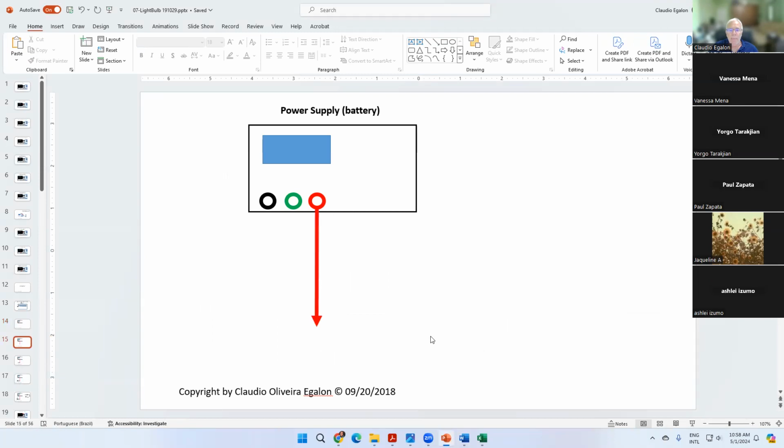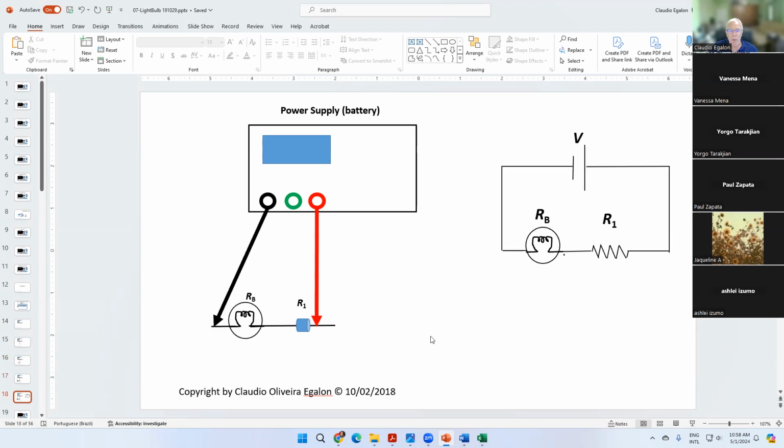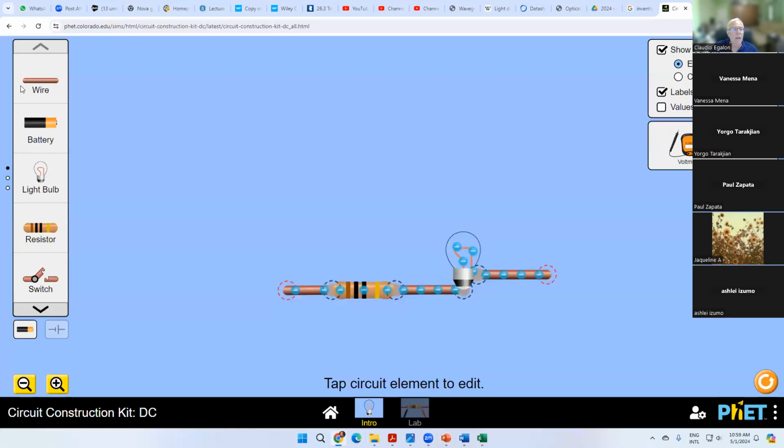We're going to connect the power supply to resistor number 1, the light bulb, and close the circuit. That's the symbol here. We can go to the simulation as well, because my power supply is going to be my battery.